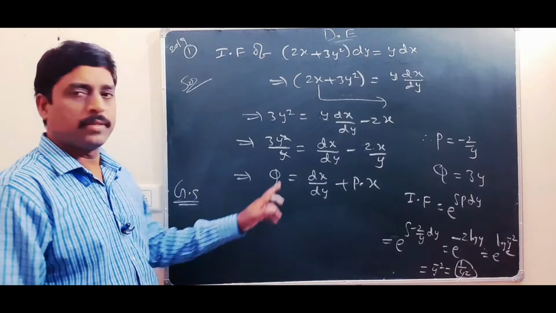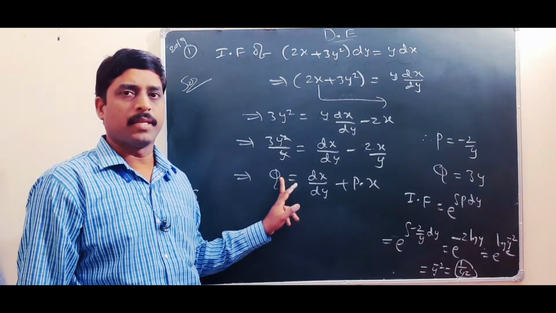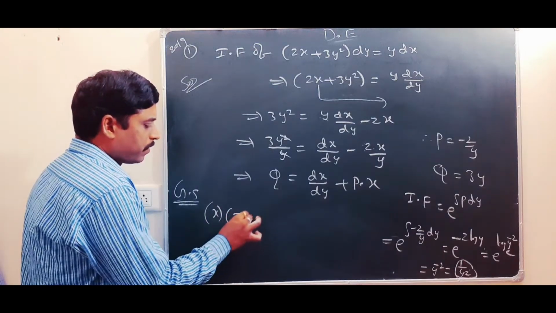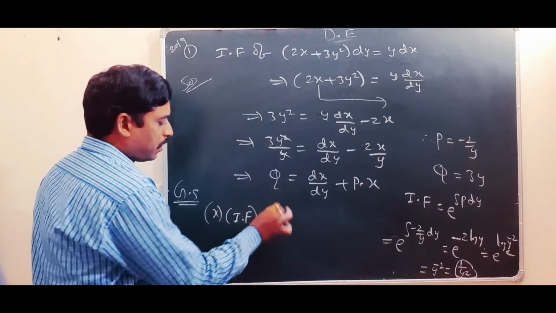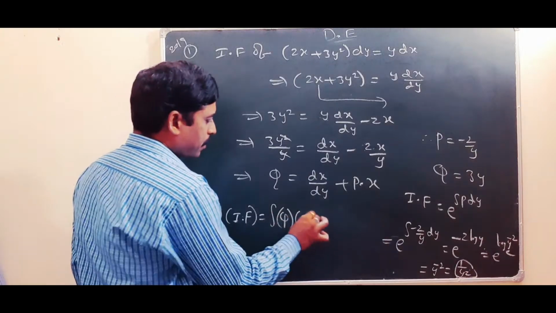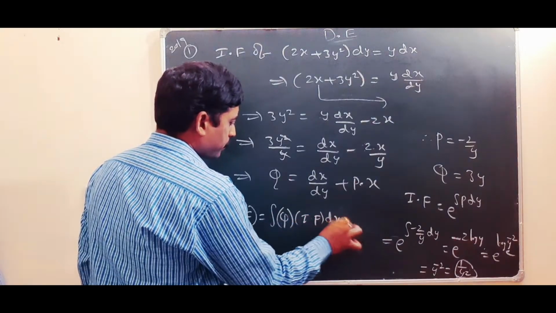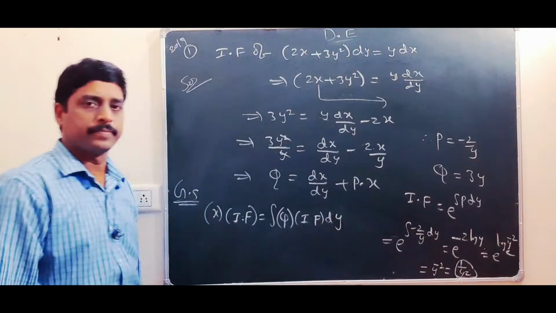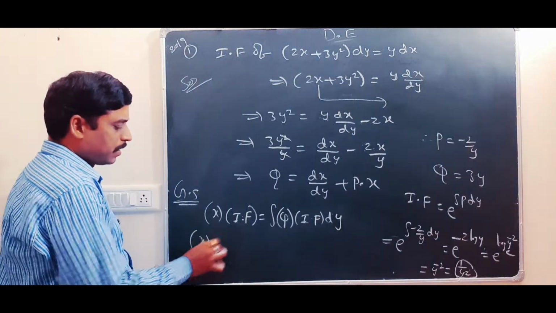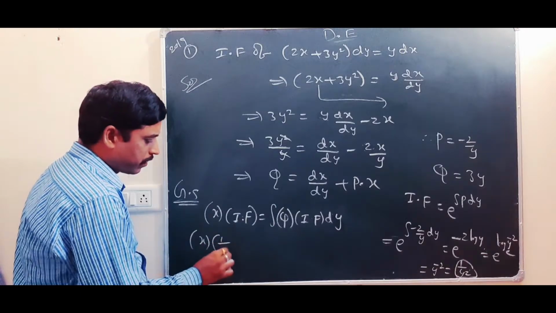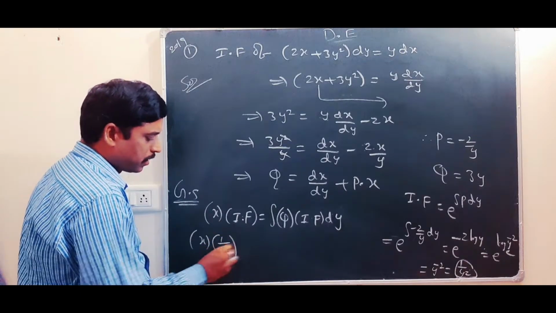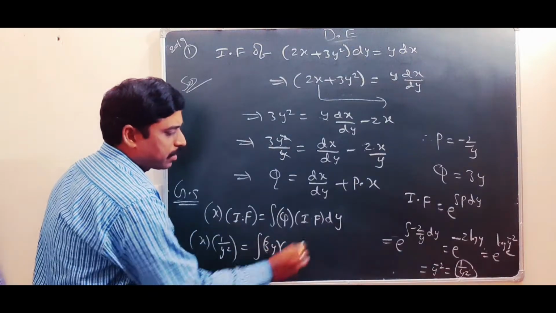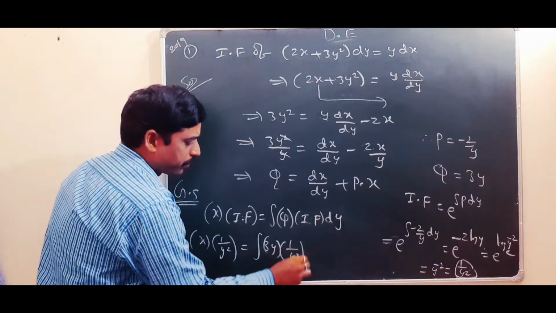Now I will explain the general solution also. This is a type 2 differential equation. So the general solution formula is x into IF equal to integral q into IF into dy. Where x into the integral factor value 1 by y square equals the q value 3y into the integral factor value 1 by y square.